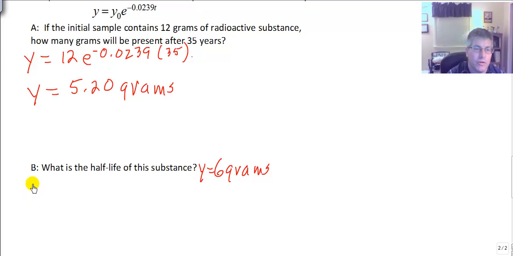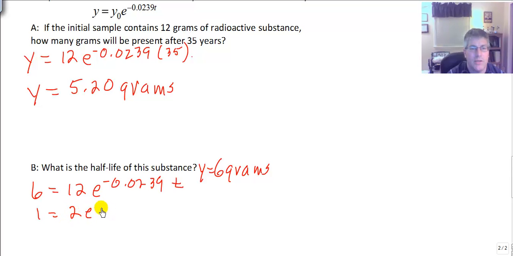So we could do 6 equals 12 e to the negative 0.0239t. We could make this 1 and 2. That's a half-life, isn't it? So we could say 1 equals 2e to the negative 0.0239t.